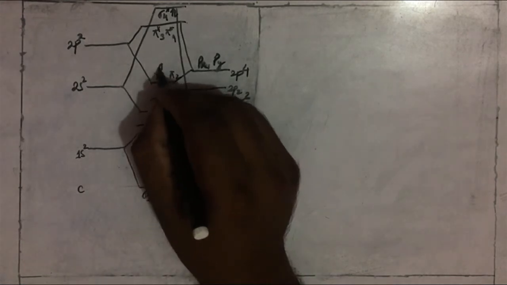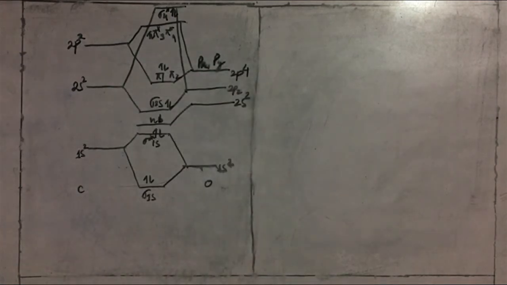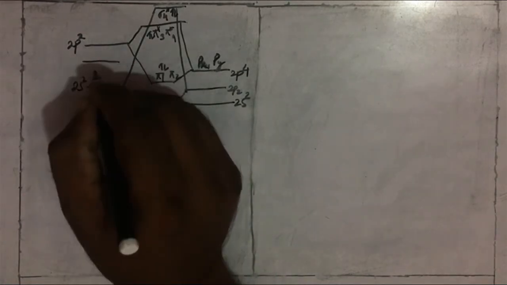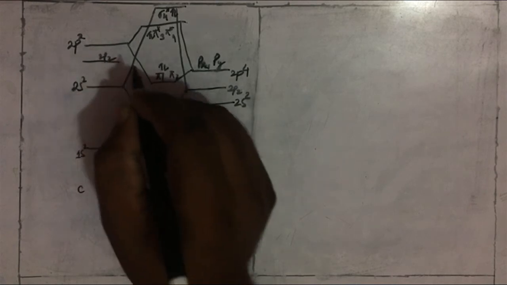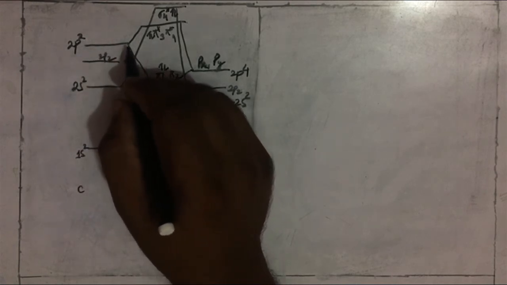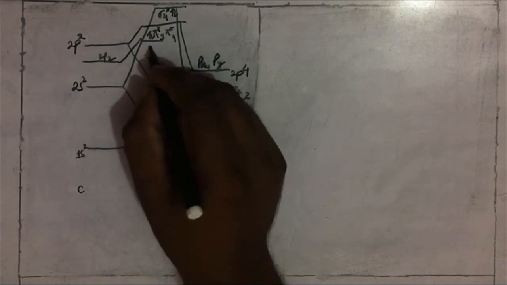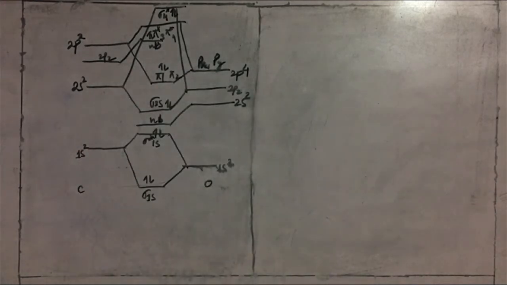This is bonding, this is anti-bonding. And here also non-bonding 2pz, and here non-bonding. So this is the basic structure of the MOT diagram of CO.